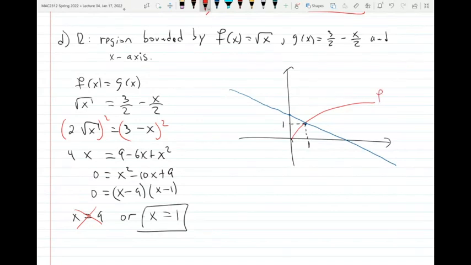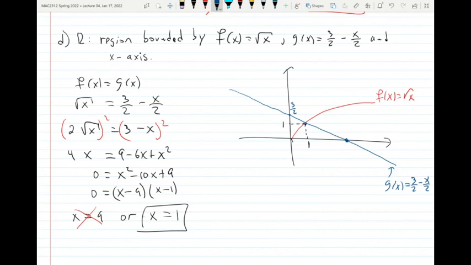So this is f of x equals square root, and let's say up here, that's a 3/2. And this is g of x equals 3/2 minus x/2. And let's find the x-intercept. So who can tell me what's this point for the function g?